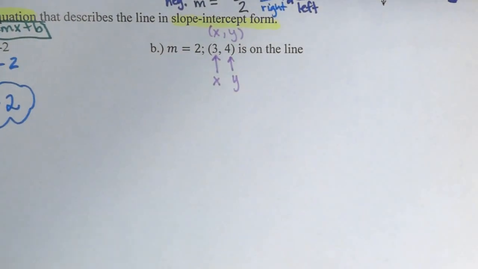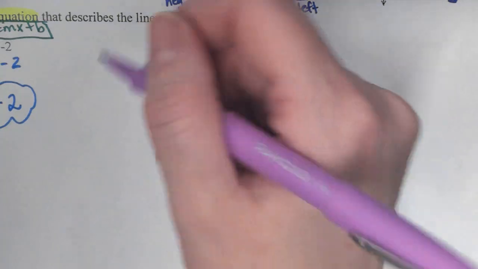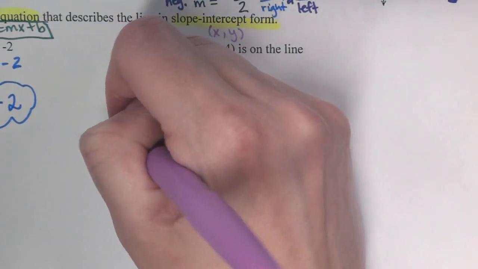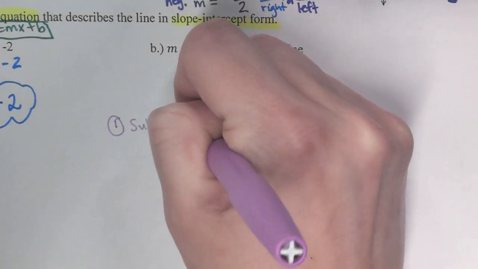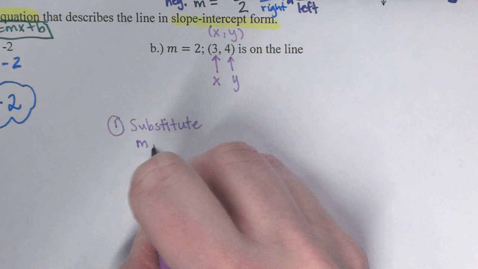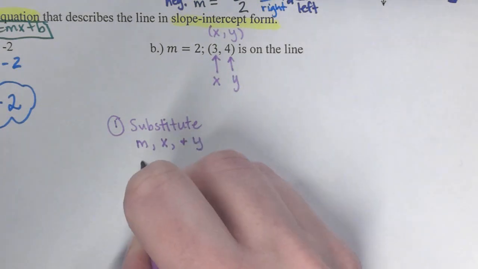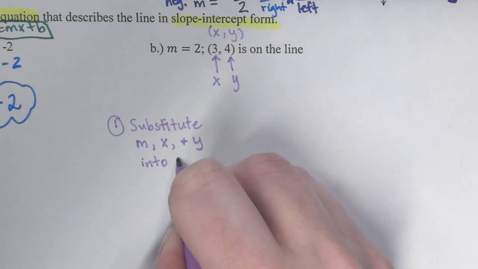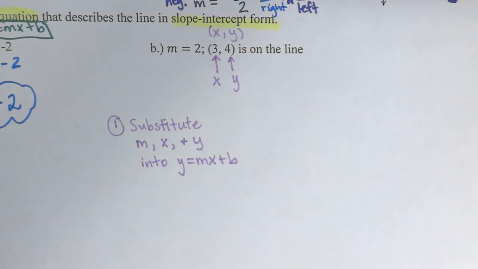There we go. Okay, so the first step, I want you to write this down, okay? So you are going to substitute m, x, and y into y equals mx plus b.